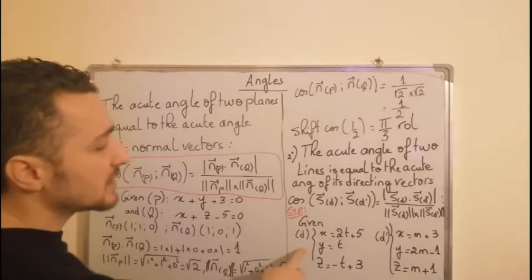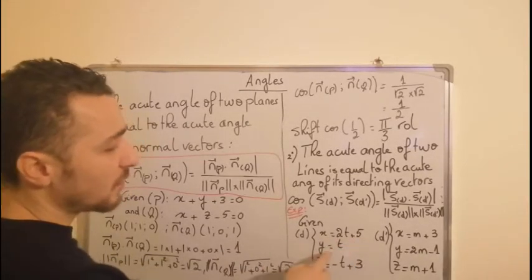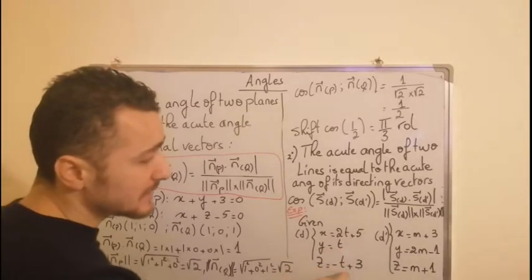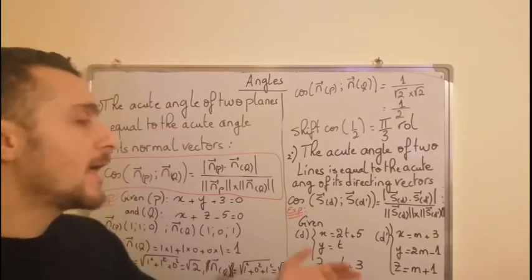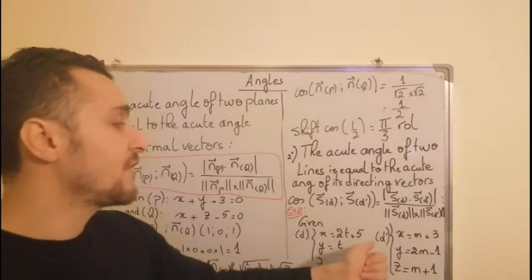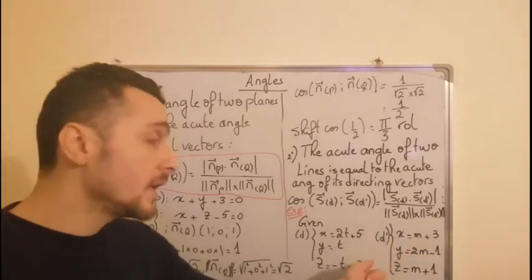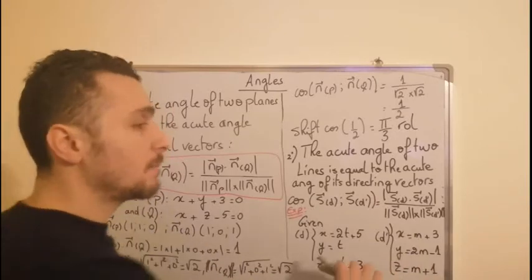Given the equation of the line D, x equals 2t plus 5, y equals t, and z equals minus t plus 3. And I give you another line of equation d prime, x equals m plus 3, y equals 2m minus 1, and z equals m plus 1.